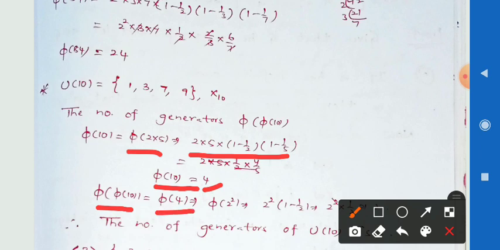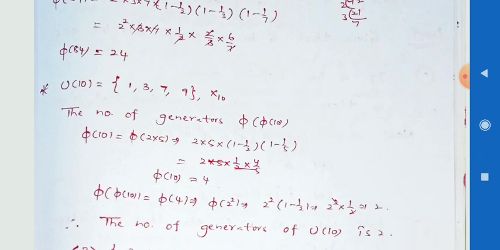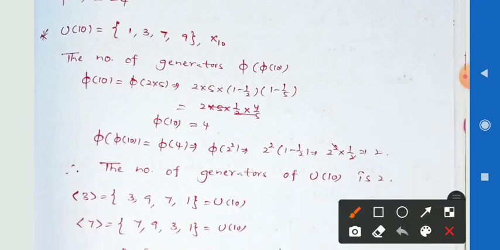I substitute phi of 10 is equal to 4. Here phi of 4 can also be written as phi of 2 square. By the Euler function, 2 square into 1 minus 1 by 2. Here 1 minus 1 by 2 we get 1 by 2.